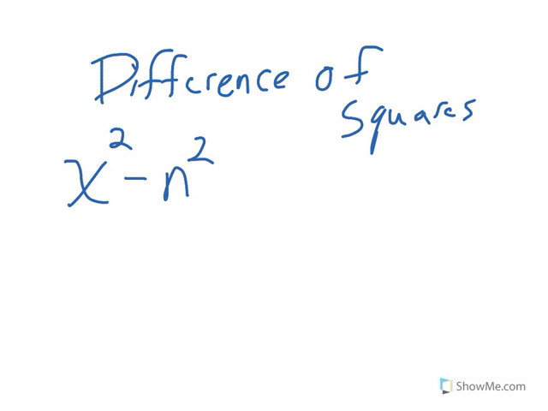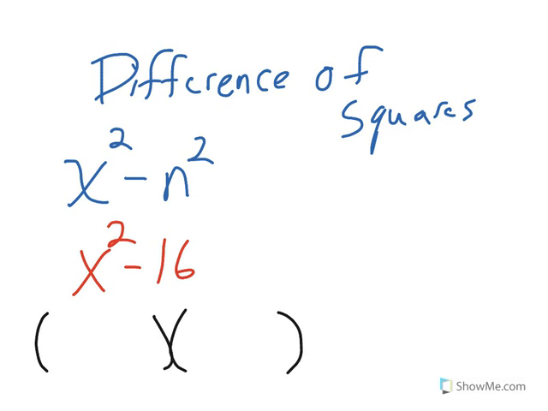So for example, if I had x squared minus 16, it's going to factor into a difference of squares. Difference of squares means the same number. So when I factor it, it's going to be the same number. So it's going to look like this, except my signs are going to be different. One's going to be negative, one's going to be positive.